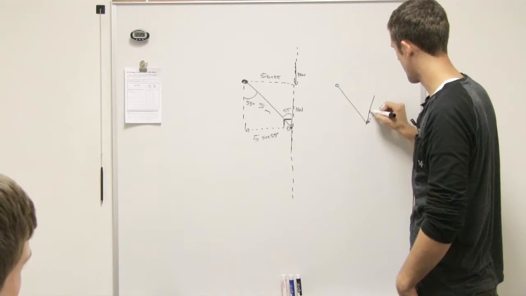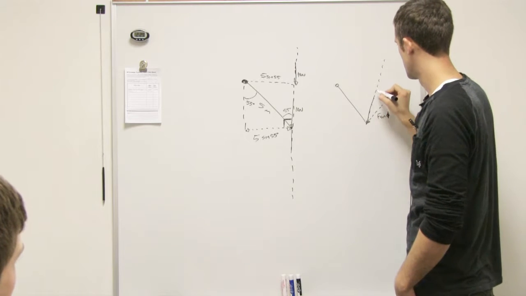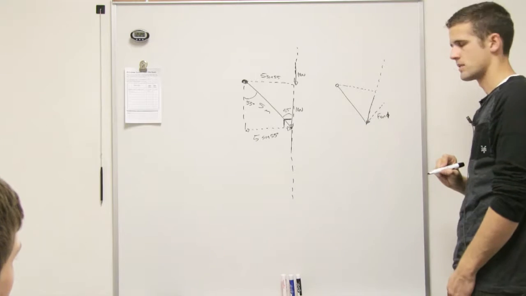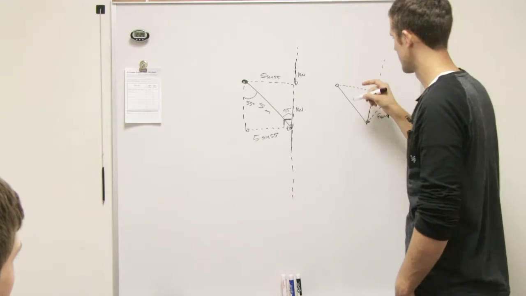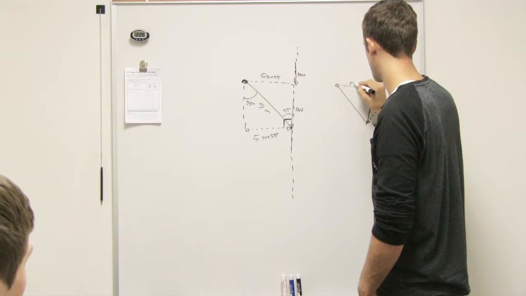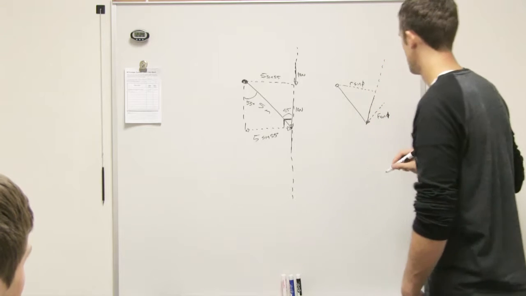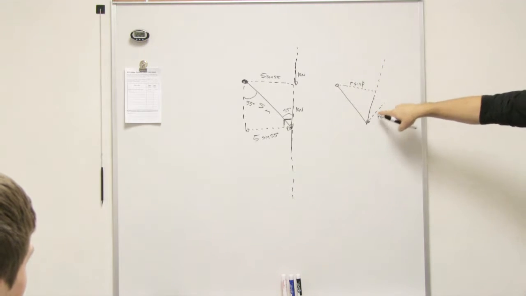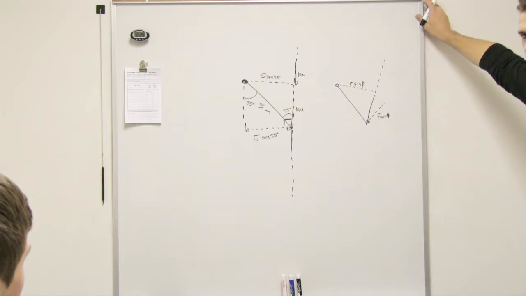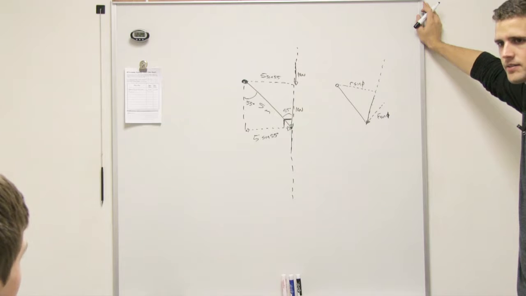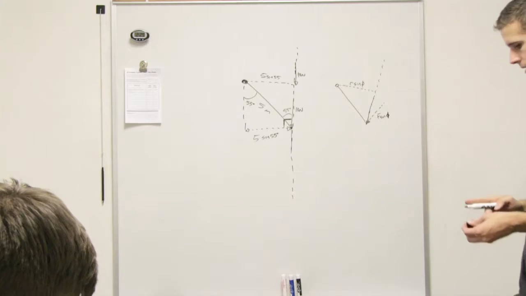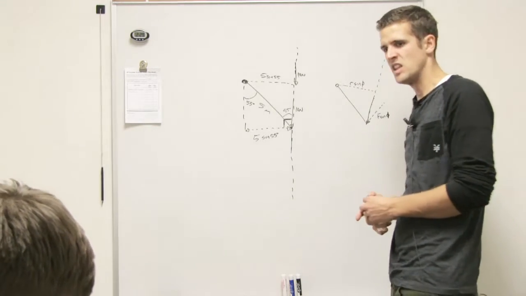Or you take the line of action of the force and you draw a line perpendicular to it, and you use that as your L, actually let's call it R sine phi. So either you can break down your force so that it's perpendicular to the moment arm, or you can break down your moment arm so that it's perpendicular to the force. But either way, it's just going to be RF sine of phi. Okay. So torque's pretty straightforward.